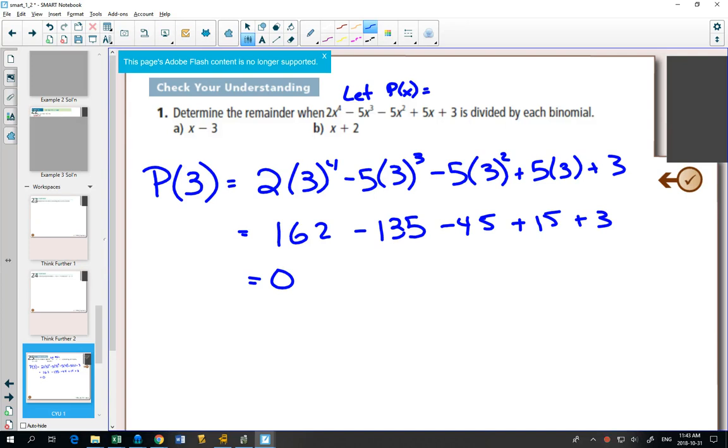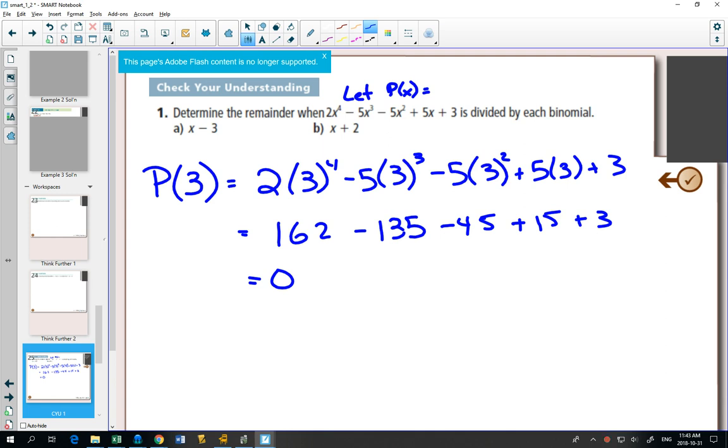How was that for mental math? Not good? What were some of the hard things? 3 to the 4? 81? That's one of the hard things? 81 times 2? This would be on non-calculator. The 3 cubed, 27 times 5? How's that one? That a little bit hard, mental math-wise?